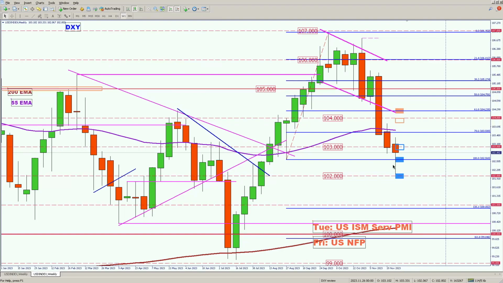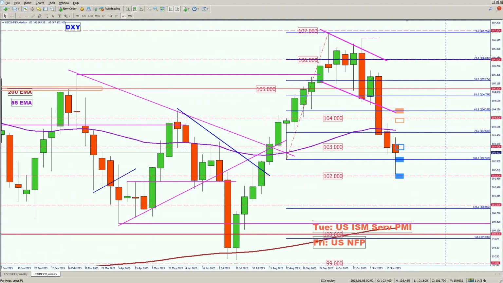And it's a long lower wick, and pushed up higher to close with not quite a doji, but a small body spinning top, still below the 102.